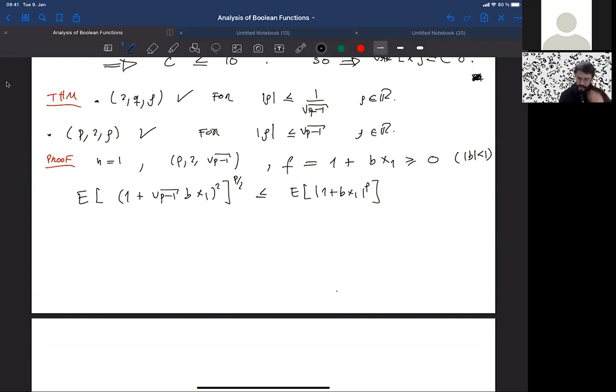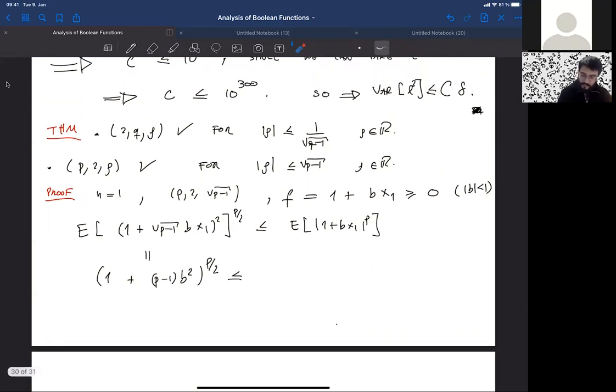Okay. But this expectation is what? This is explicit, we can compute. And then this gets raised to p over 2. And then we just apply the fact that p is, again, of course, I have to put here q greater or equal than 2, and here p less or equal than 2, of course.